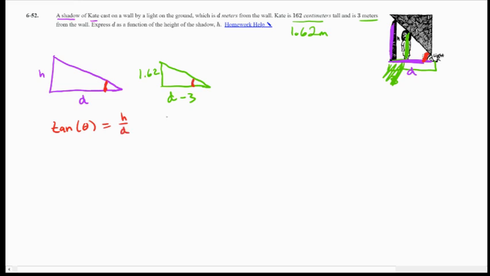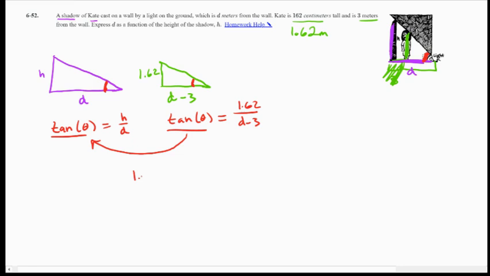And the tangent of our green triangle is the same angle. Even if we don't know the angle, we know the tangent of the angle is the same, and this is opposite over adjacent.